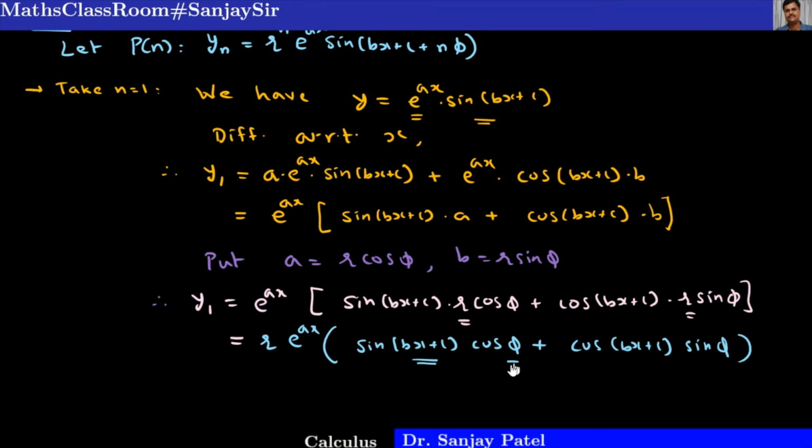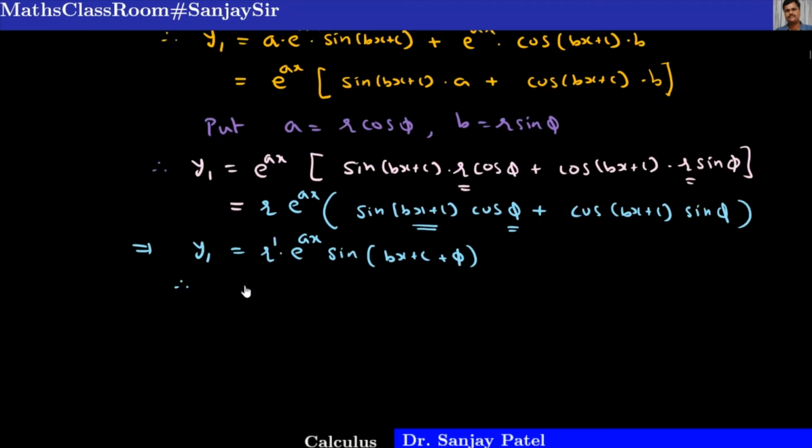If bx plus c is alpha and phi is equal to beta, sine alpha cos beta plus cos alpha sine beta is nothing but sine of alpha plus beta. So this gives me y1 is equal to r raised to 1 into e raised to ax into sine of bx plus c plus phi. And this is nothing but our p1. You can check by putting n equal to 1 here: y1 is r raised to 1 into e raised to ax into sine bx plus c plus 1 into phi. So this says p of 1 is true.